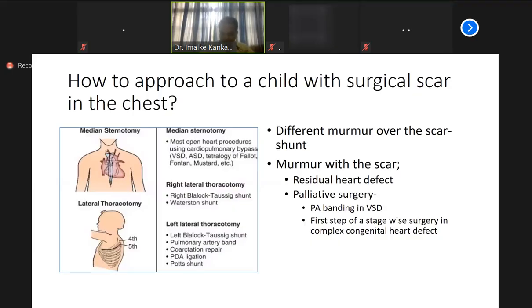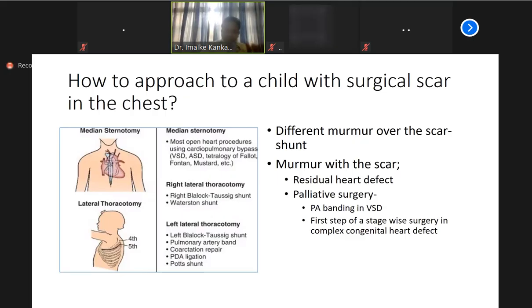The other possibility is the child would have undergone a palliative surgery like pulmonary artery banding in VSD. Or in certain cyanotic heart diseases, stage-wise surgeries could happen, like the Fontan and Glenn procedures; you don't need to know those in detail.